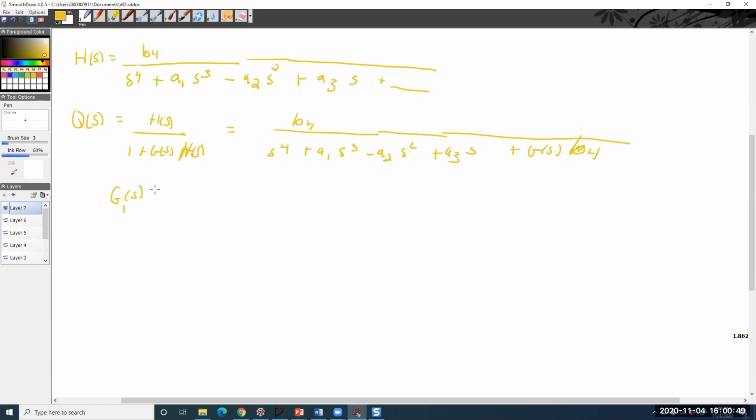Let's just call it G of S1 times B4 has to equal, we always have some kind of constant, but it's got to equal something squared. So really, G of S1 equals K1.